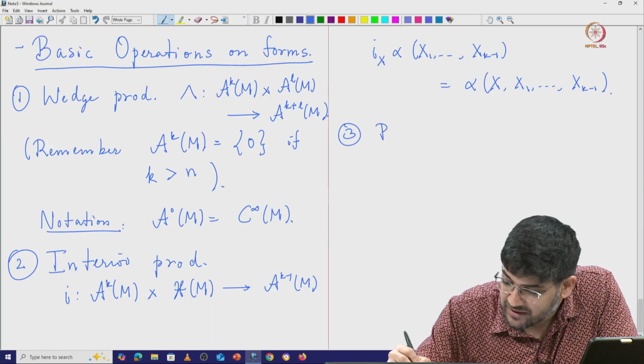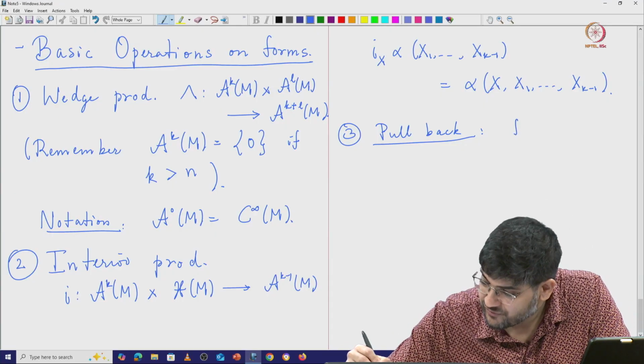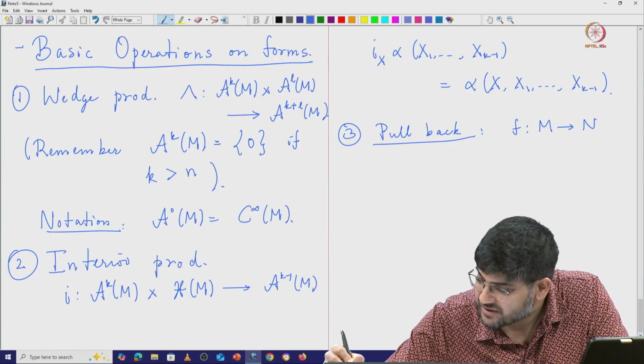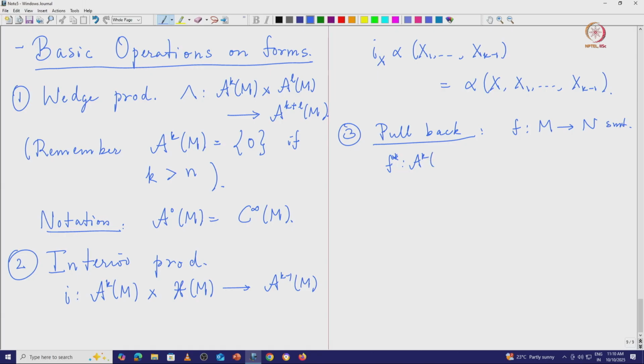Then third, you have the pullback operation, that if f is smooth, you have the pullback map which takes in k forms on N and gives you k forms on M. So f star alpha will now be a k form on M. So it takes in k vector fields and spits out this number. So you push forward the k vector fields by the derivative map and evaluate alpha on that.